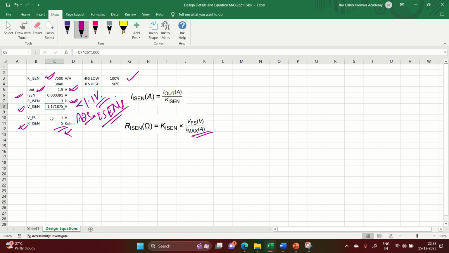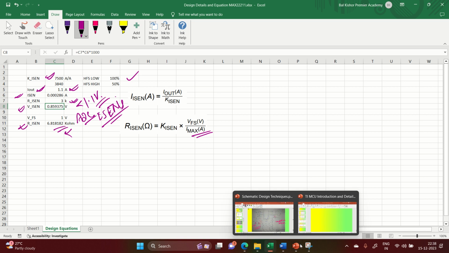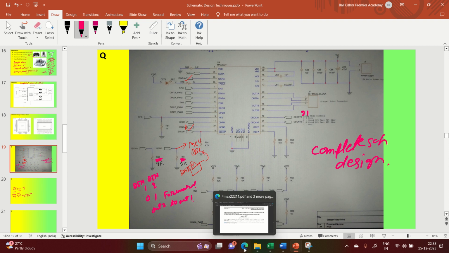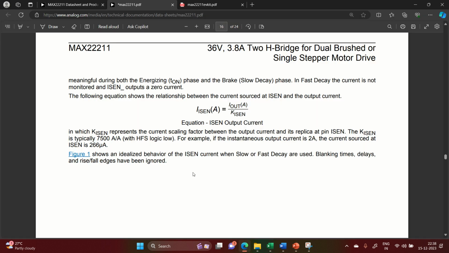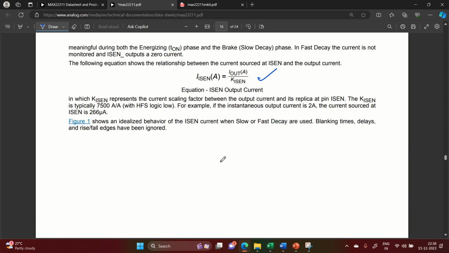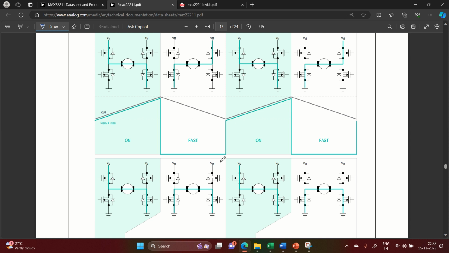Our aim must be reduced, so it will be maximum, let's say 1.1 ampere, then 0.85. So this is how the design will go ahead. Understood? Now let's go to the next section of the design. We have designed our Isense and Rsense. Got it? If you have any question here, you can still ask any doubts.